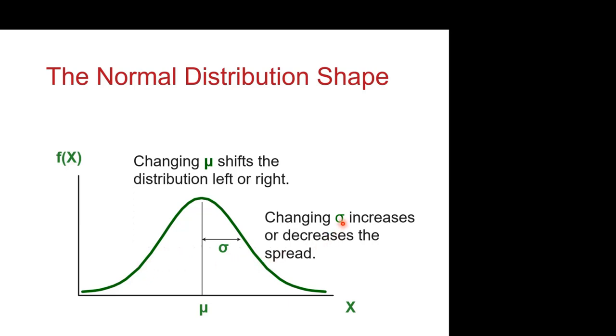If the value of standard deviation is small compared to other values of standard deviation, then this normal distribution will be much narrower, more concentrated towards its mean value. If the standard deviation value is larger, then the spread will be larger as well. It will be more dispersed.